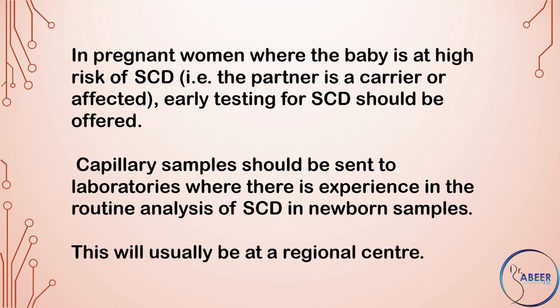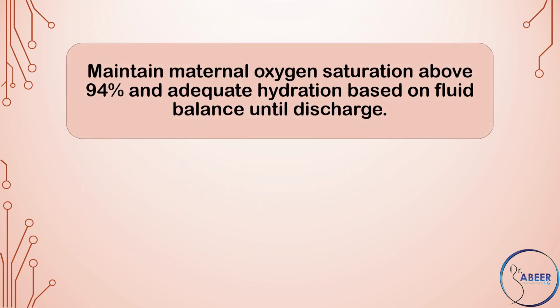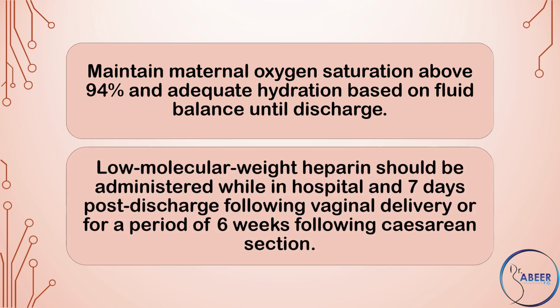This will usually be at a regional center. Maintain maternal oxygen saturation above 94% and adequate hydration based on fluid balance until discharge. Low molecular weight heparin should be administered while in hospital and 7 days post-discharge following vaginal delivery or for a period of 6 weeks following cesarean section.